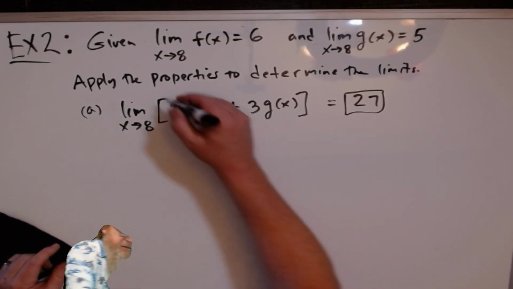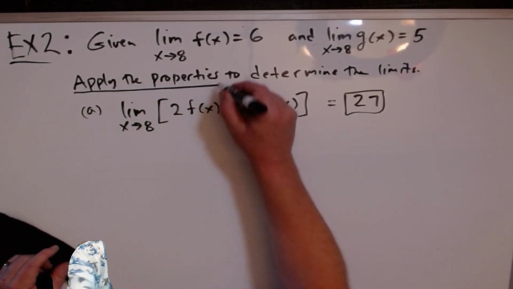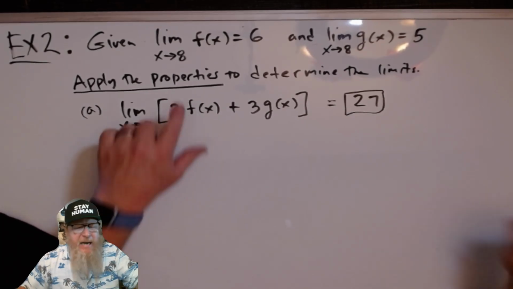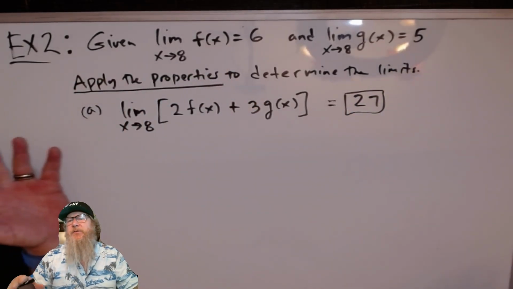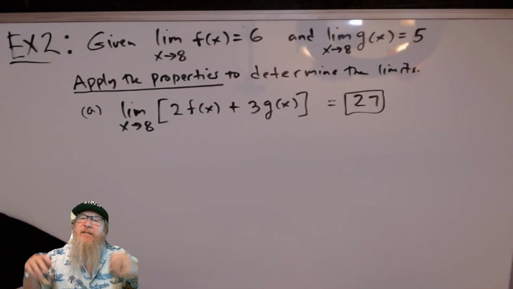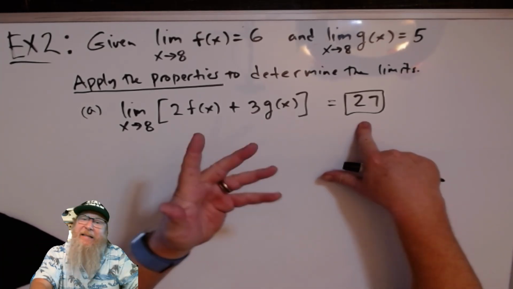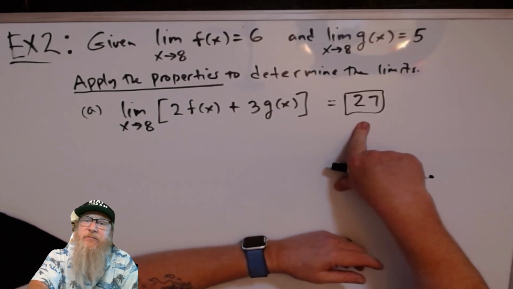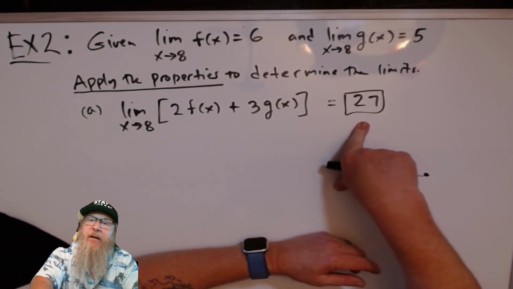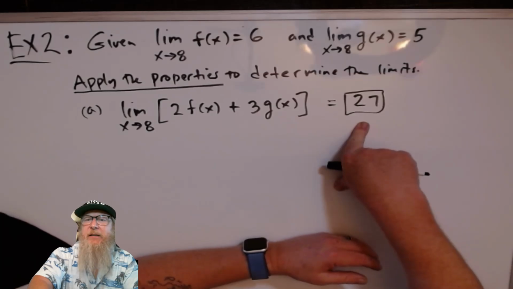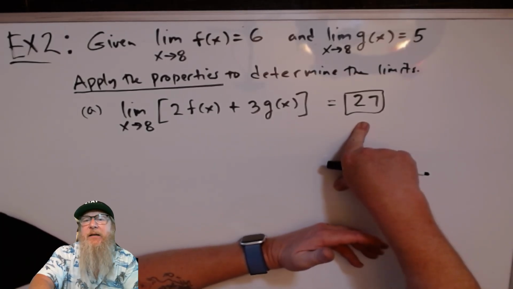Where does the calculus come in? Well, the calculus is all about the properties, right? And we may not always be given these values. So when we simply do the quick and easy solution, sure, we get the answer. I'll give you that. The answer is 27, but that's arithmetic, not calculus yet.